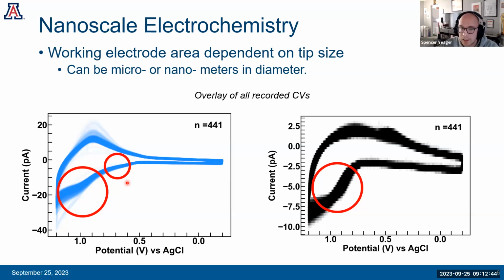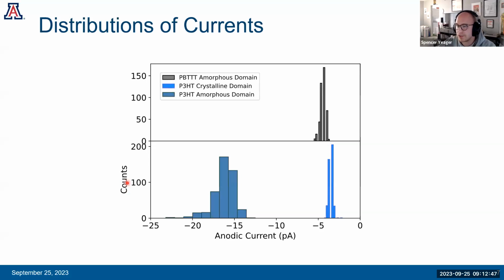When we do that, we get a histogram like this, where the amorphous domain of P3HT has a really broad distribution in comparison to the crystalline domain and to PB/TTT's current response. So there is some distribution in the current that we see from these polymers at the nanoscale, so clearly the morphology is having some impact on the current response.